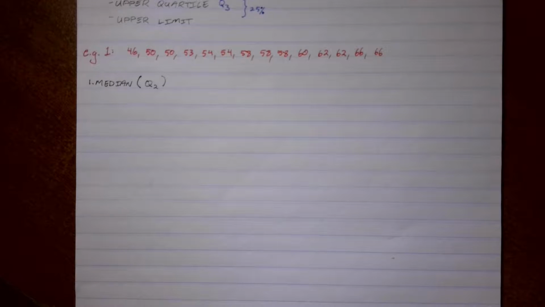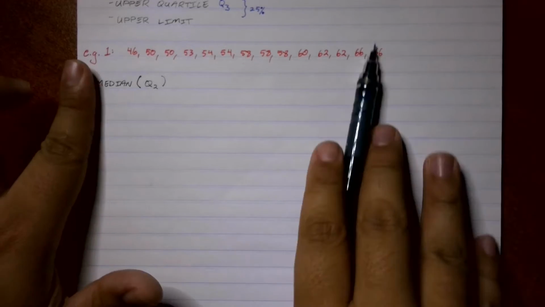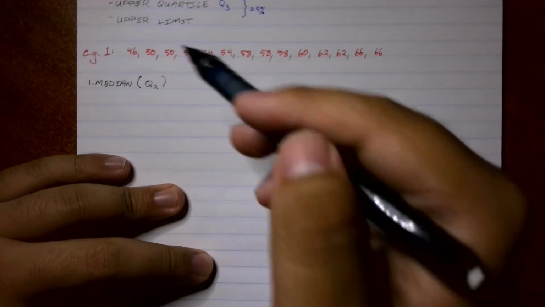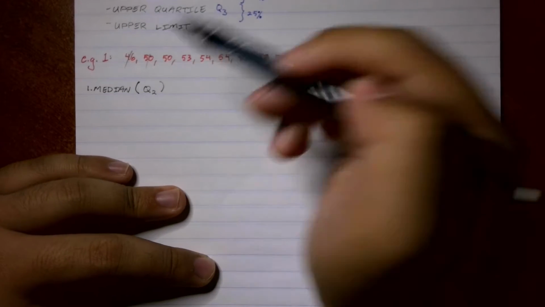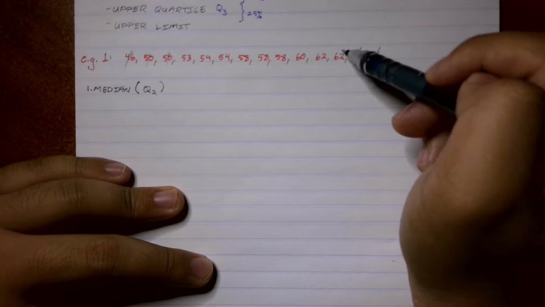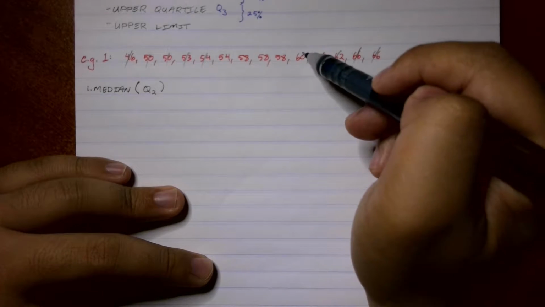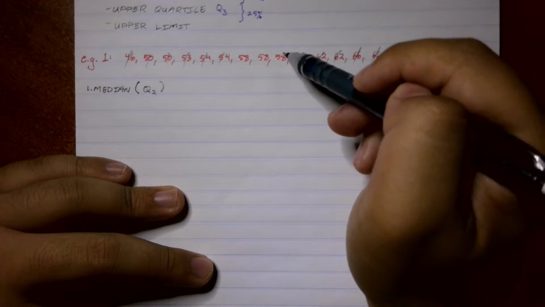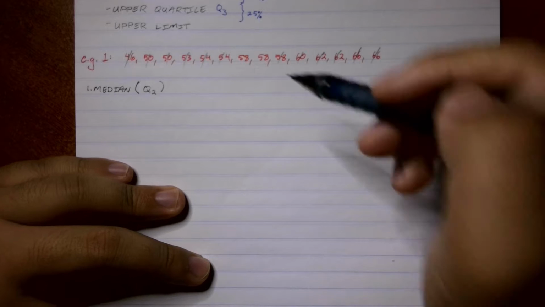The median is calculated just by crossing off numbers from left and right until we arrive at a middle value. Let's take a look here, crossing off from the left, from the right, left, right, and we just keep on going until we arrive at a single number, or in this case, 2 numbers.